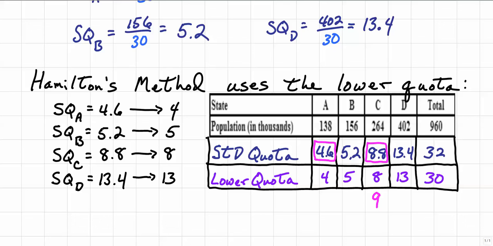That means that our number of seats will be 9, and now we still have 1 surplus seat left, so we'll add that to state A, and that means that we are now looking at an allocation of 5 seats for state A, 5 seats for state B, 9 seats for state C, and 13 seats for state D. So I will go ahead and fill in a new line, and we'll call that allocated seats.